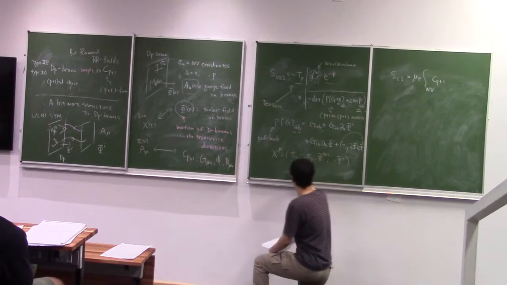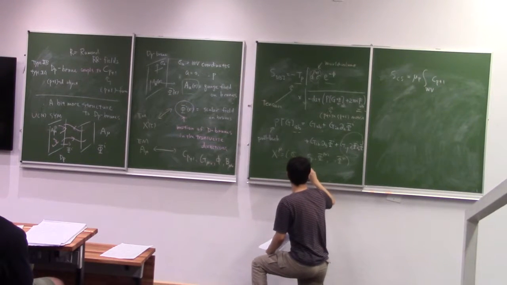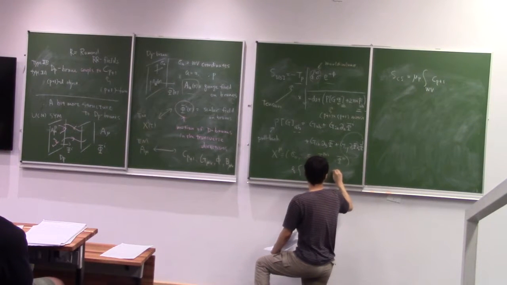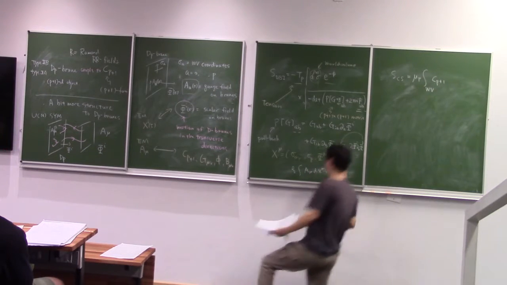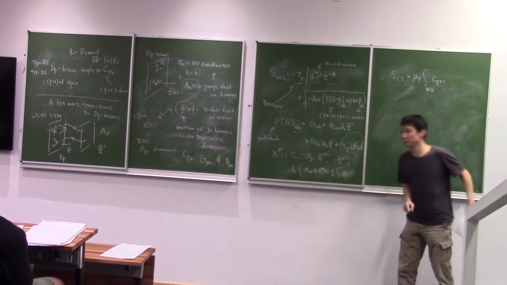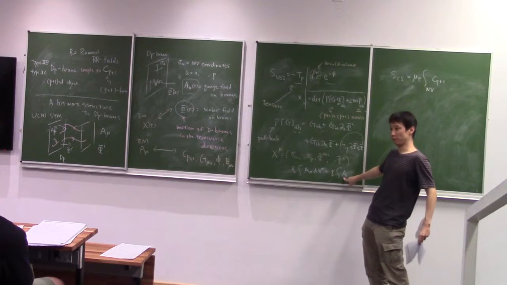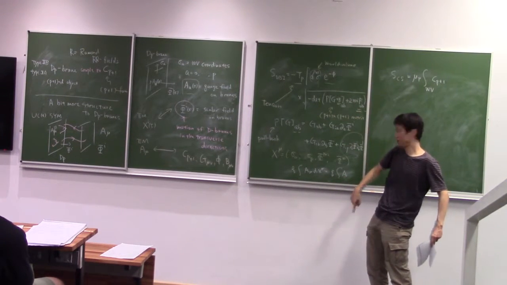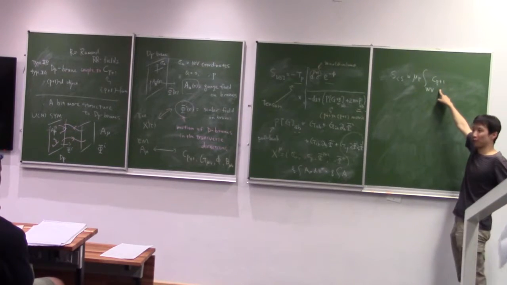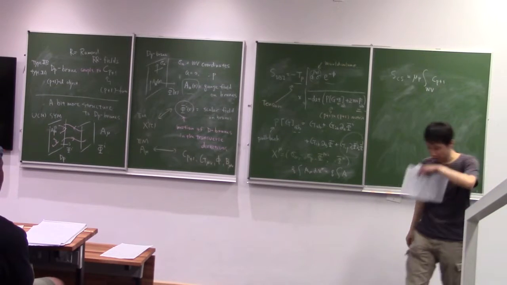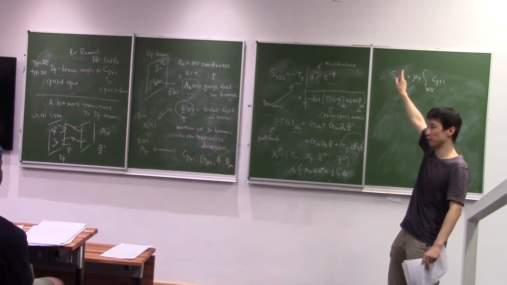So in the electromagnetism case, you have A mu dx mu. This A mu dx mu was the integral of a one-form over the world line. So similarly, you should have a p plus 1 form integrated over the p plus 1 dimensional world volume.